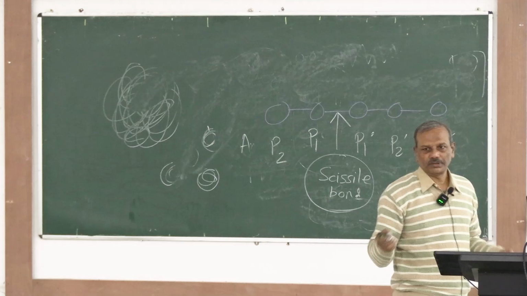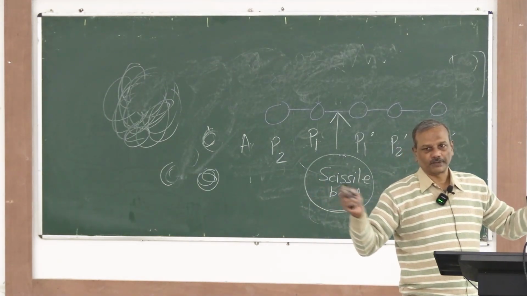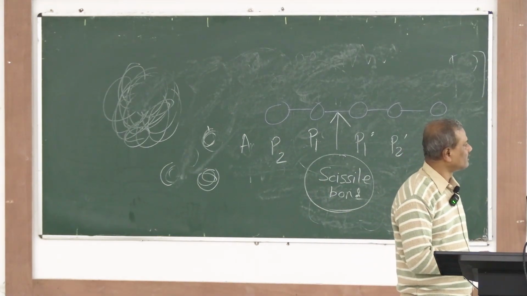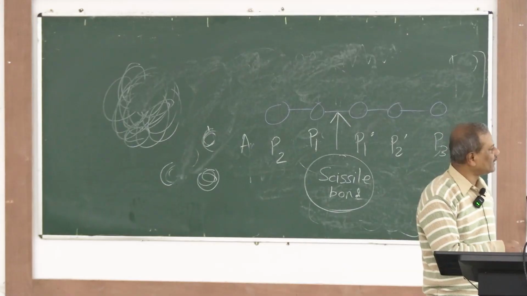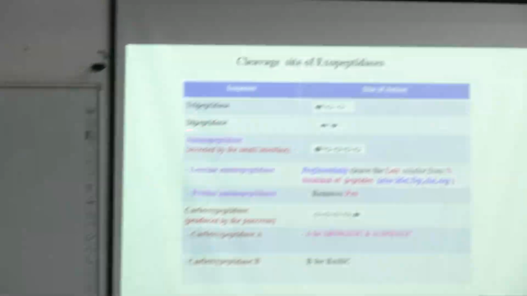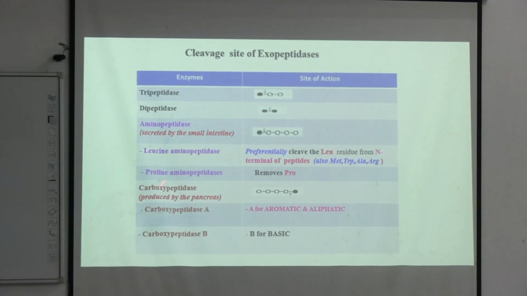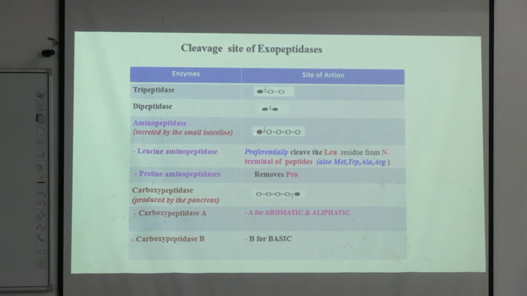Exopeptidases, as I have told you, cleave the terminal part of the polypeptide. So at the end you will get different things, one is tripeptide, dipeptide; aminopeptidase is this one. There are two types of aminopeptidase. One is leucine aminopeptidase, which cleaves preferentially when the terminal amino acid is leucine.